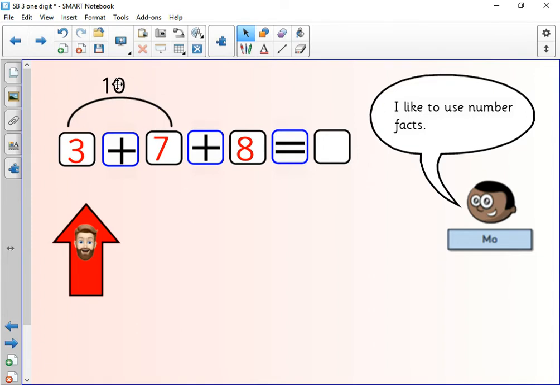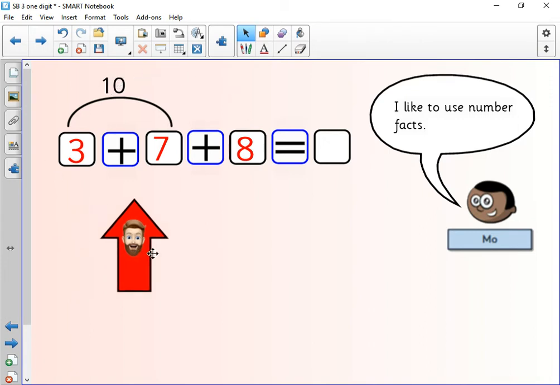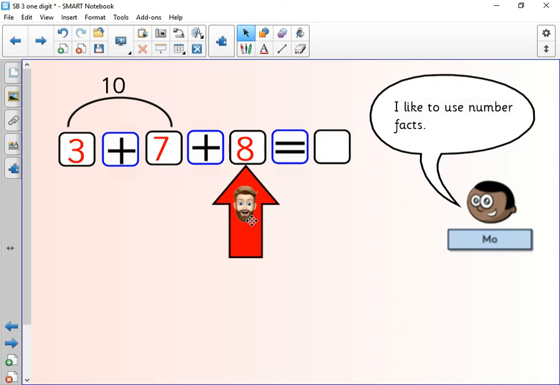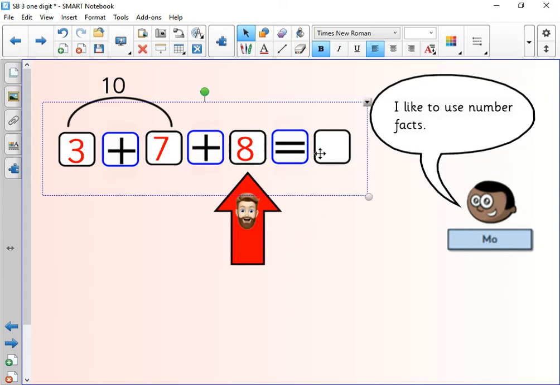He's added those together. Now we've got 10 and I need to add on 8 more. 10 and 8. Do you know the answer? That's right, it's 18.